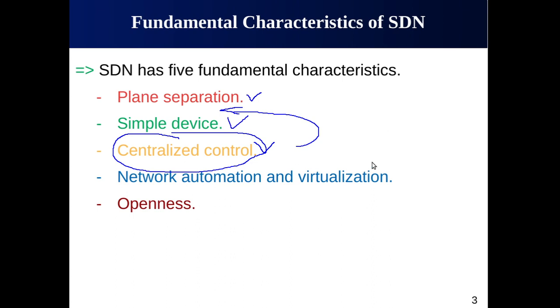Our next characteristic is automation and virtualization. SDN can be derived precisely from the abstraction of distributed state, forwarding, and configuration. The distributed state abstraction provides the programmer a global view of the network, and it shields the programmer from the realities of a network that is comprised of many machines.